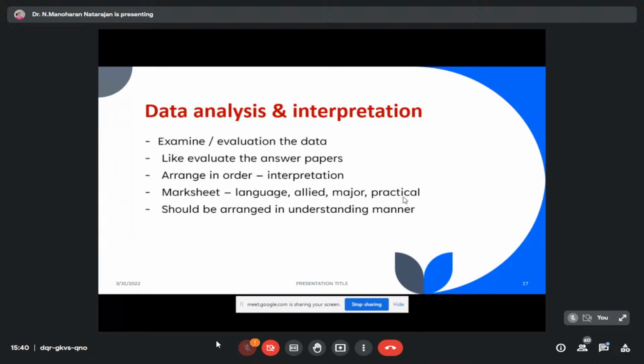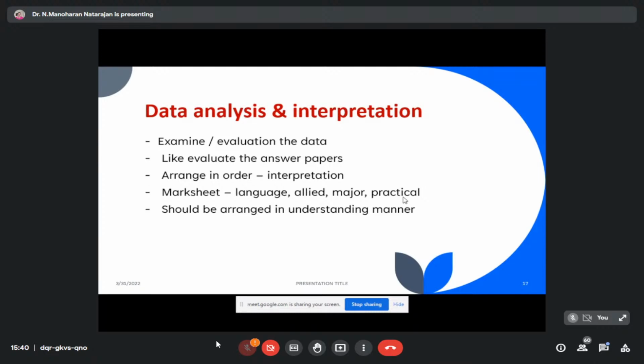For example, in a mark sheet, we used to have the student name, roll number, and then language 1, language 2, allied, major, practical, like that, or in chronological order. Based upon the order, all the data is presented here.